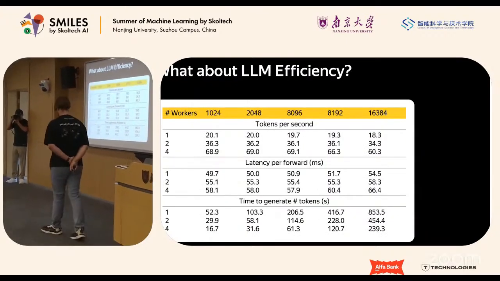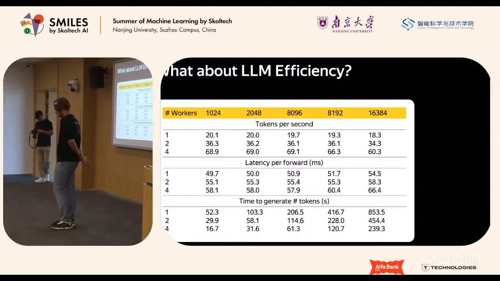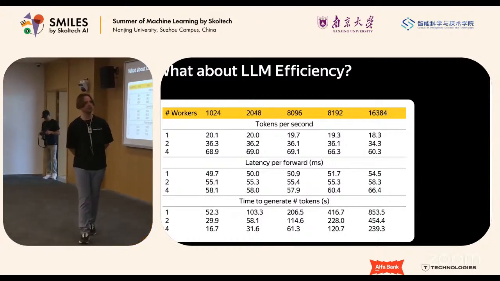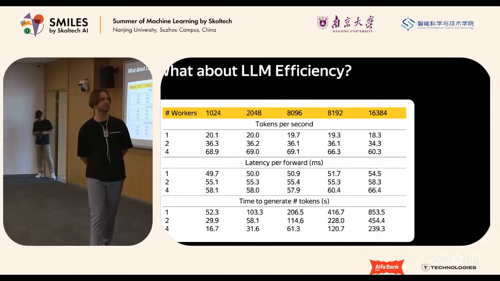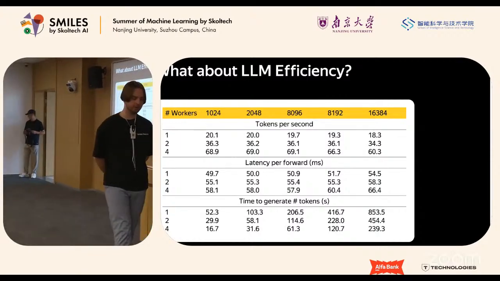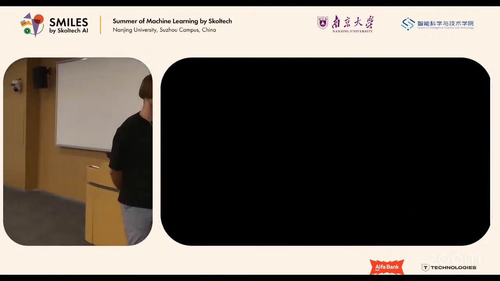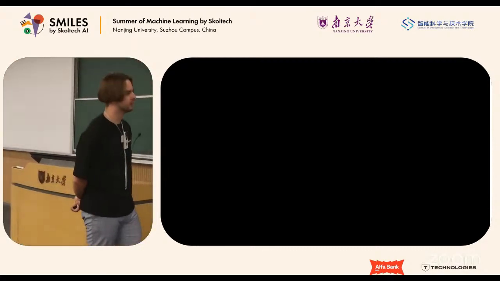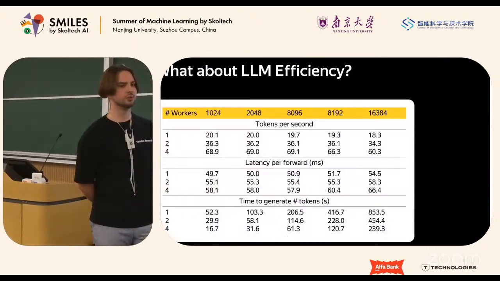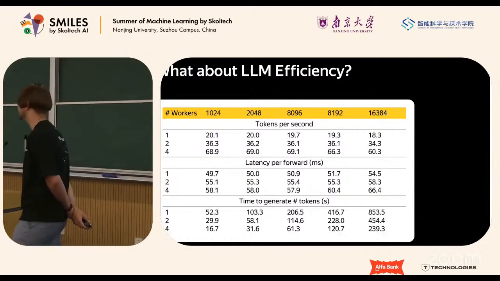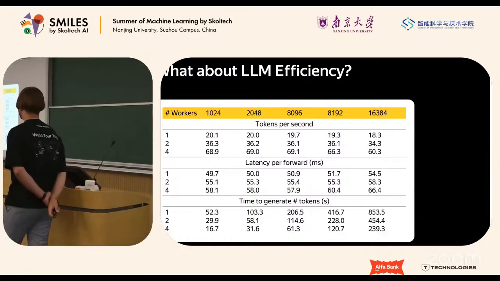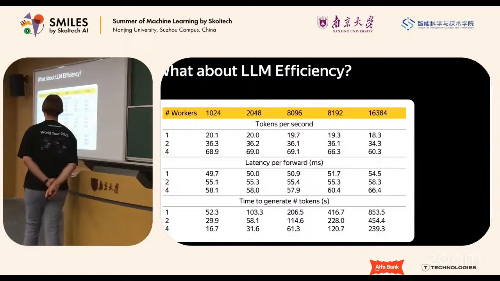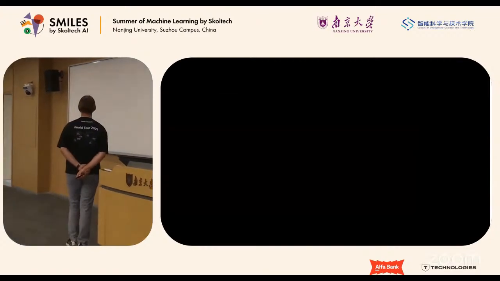Yeah. Here is the LLM efficiency stuff that we are also interested in, because if our custom implementation of that inference trick is not efficient, then running just 2 forward passes maybe just doesn't make sense.